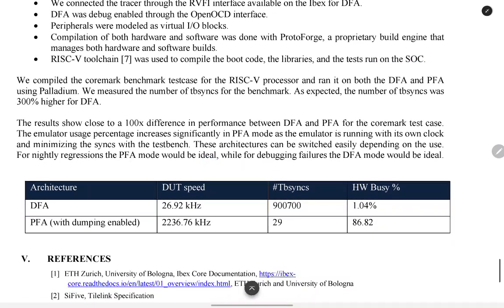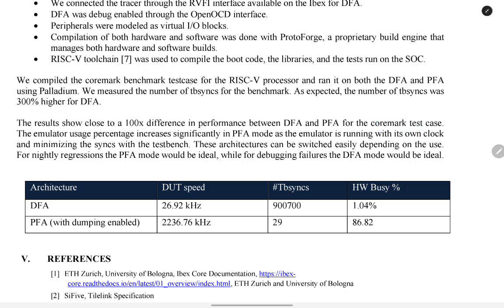We compiled CoreMark benchmark test cases for a RISC-V processor and ran it on both DFA and PFA. Using Palladium, we measured the number of TB sync events for the benchmark. As expected, the number of TB syncs was 300% higher for DFA. So the results show close to a 100 times difference in performance between the DFA and the PFA for the CoreMark test case.